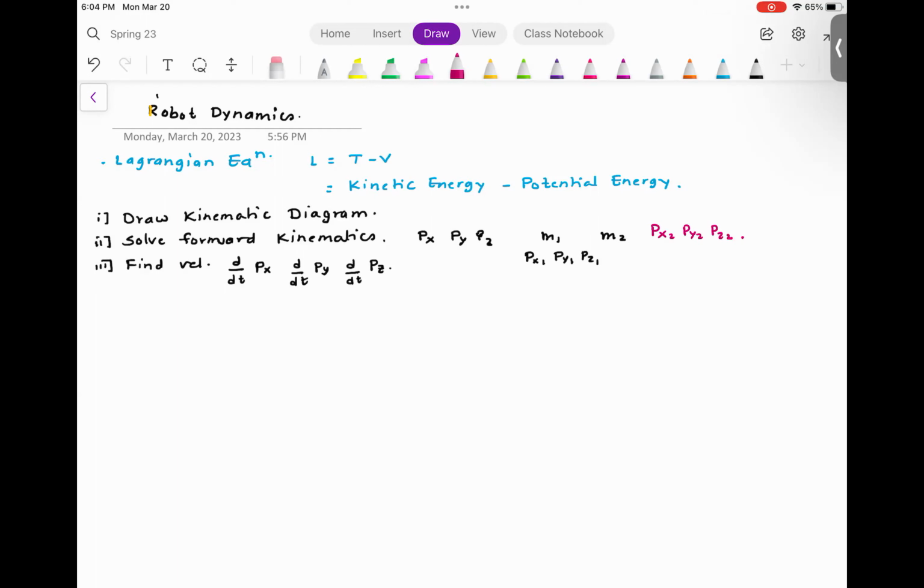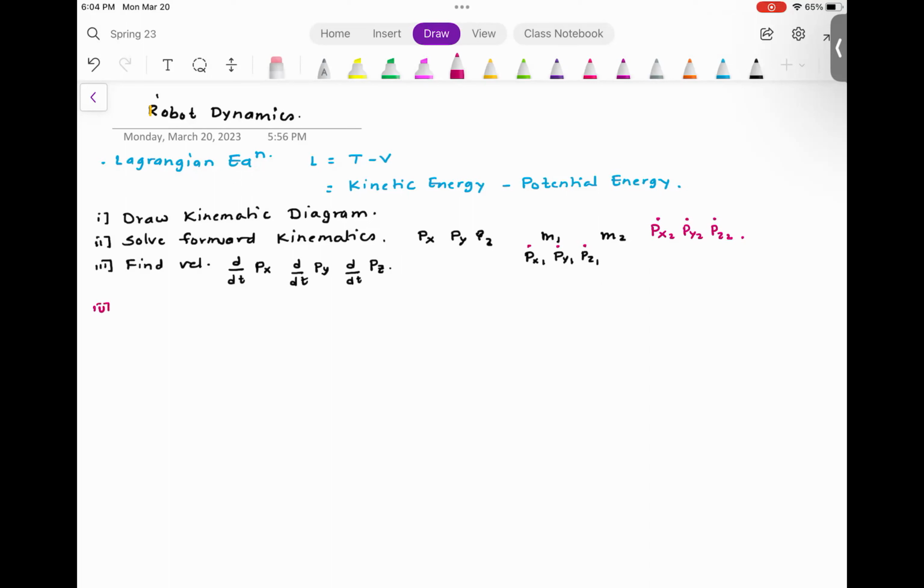And after that, you want to find out the velocities, which means you will take the time derivative of those terms, and then you will have px1 dot, py1 dot, pz1 dot, px2 dot, py2 dot, pz2 dot. So you have to find out the velocities.